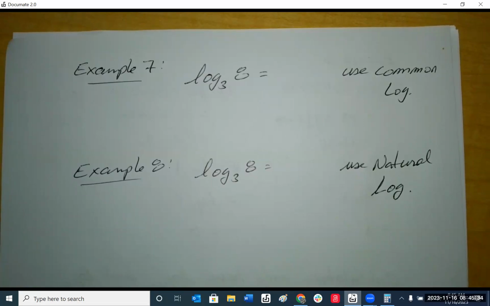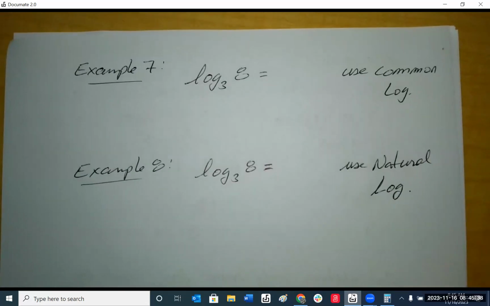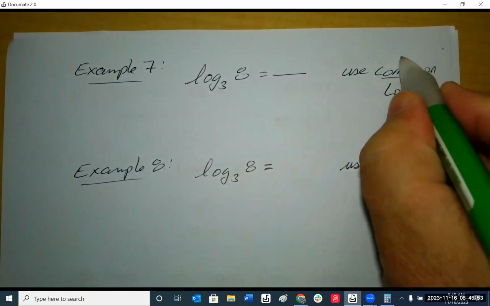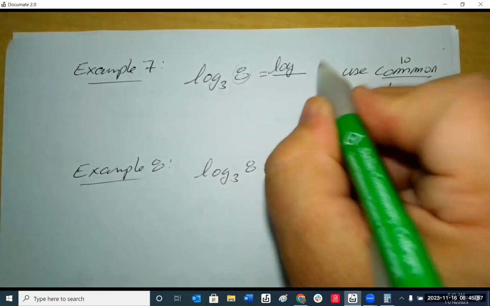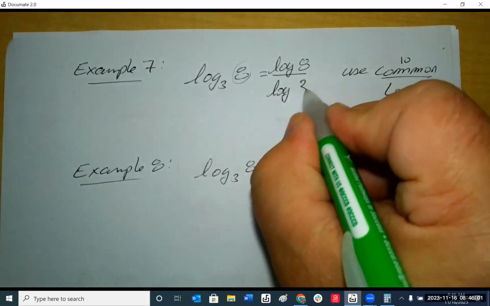So what would example 7 be? What's the answer there? It has to be a fraction. Common log is base 10. So it's log, the top number goes on top, and the bottom number goes on the bottom.